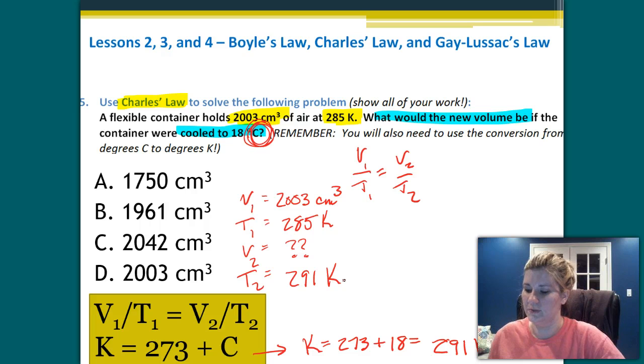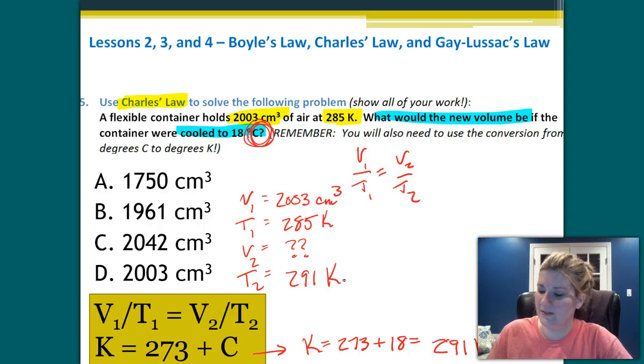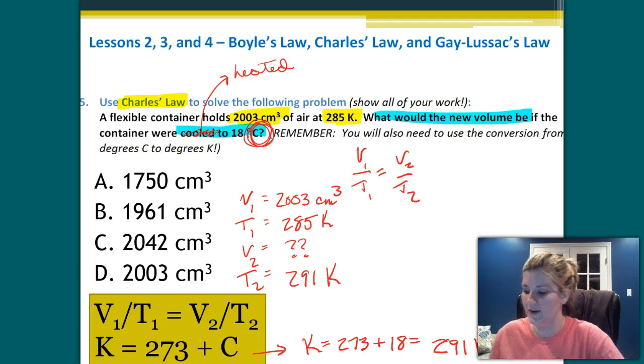I think the question must be wrong. Let me just double check my math. 18 plus 273, yes, 291. So somebody writing this question must have not been doing so good that day. This should say heated, because it wasn't cooled. We went from 285 to 291. That is an increase. That's not a decrease, right? T increases.